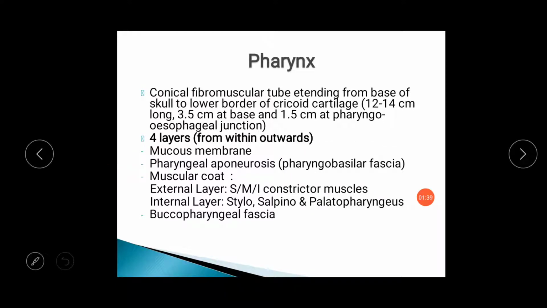The third layer is made up of muscle tissue, which is the main layer. It has 2 parts, an external layer and an internal layer of muscle. The external layer is made up of the superior, middle and inferior constrictor muscles. The internal layer is made up of the stylopharyngeus, salpingopharyngeus and palatopharyngeus muscles. Last, the most lateral fibrous layer is made up of the buccopharyngeal fascia.